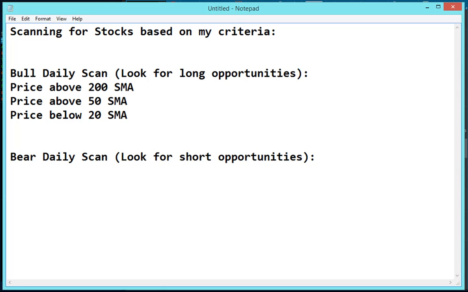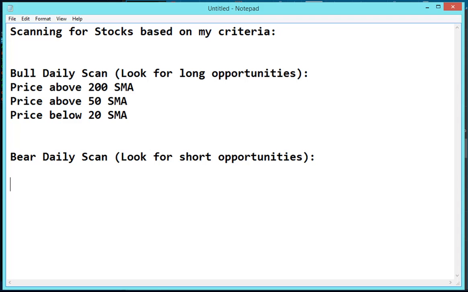When I say below 20, I mean above the 50, but still below the 20, so that if there is a pullback, if there is a reversal trade coming in, it'll be coming in around the 20 SMA. Or you can also have in here prices around or equal to the 20 SMA. So that's your bull scan.